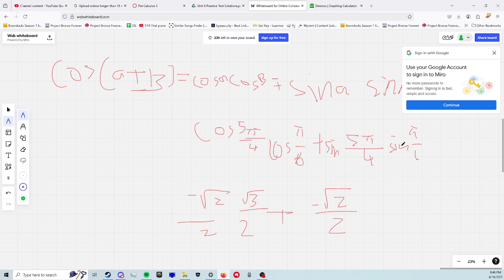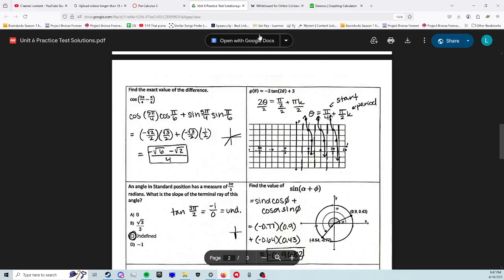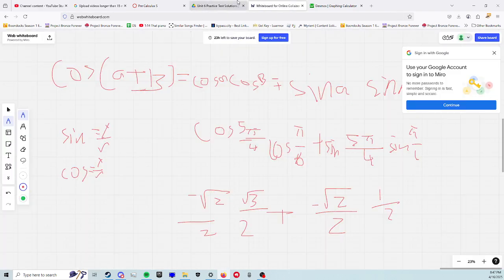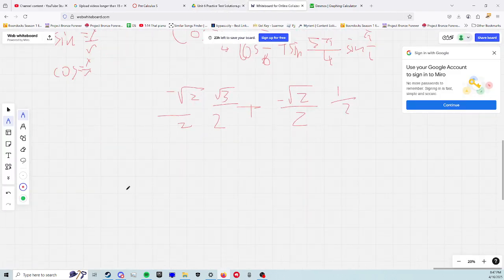Sine pi over 6 is 1/2, because sine is y over r, and r is always 1, by the way, unless it's explicitly stated. Then cosine is x over r. Yeah, and then we'll multiply out.